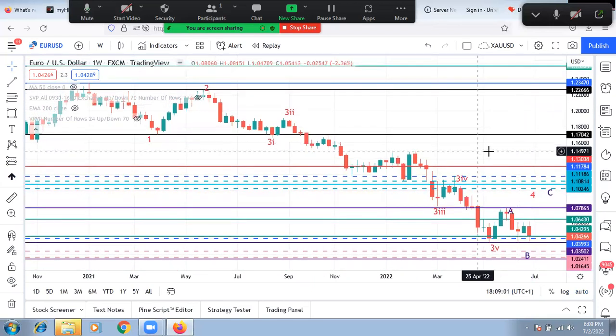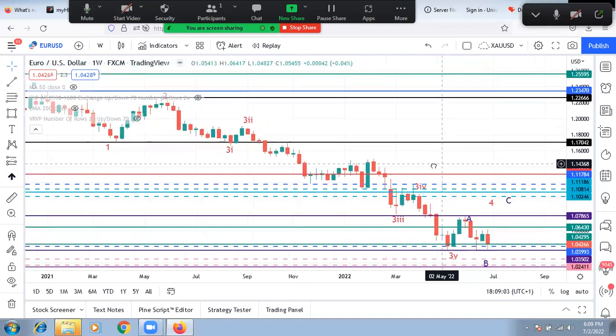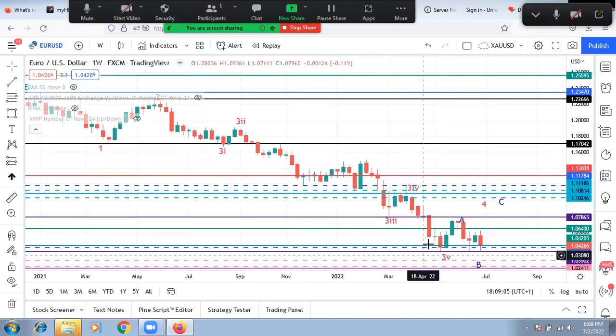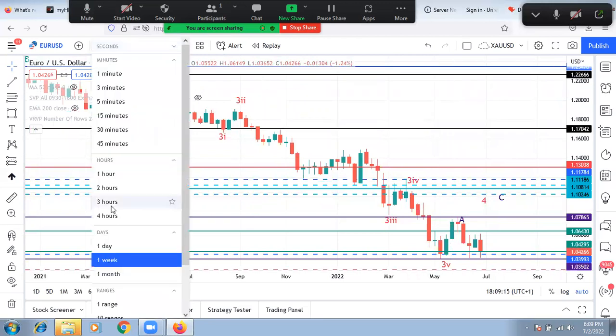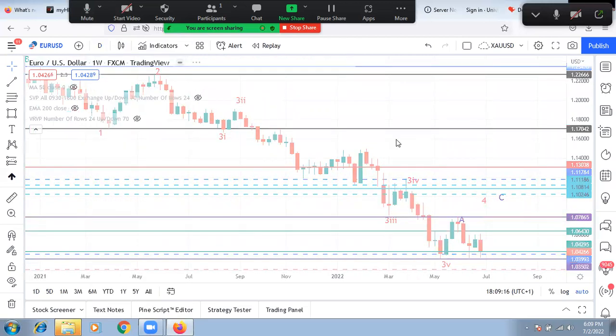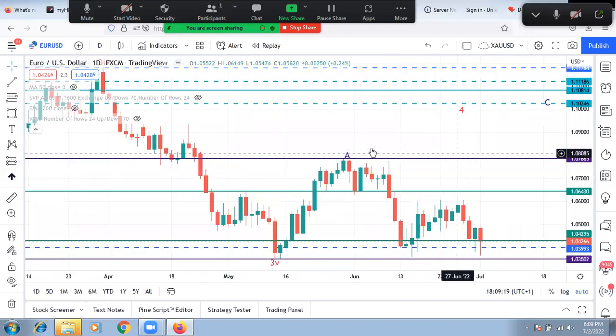What I've said here, if you look at this, for you to see very well, I may have to push to daily, because I want it to be as good as it will get. Yes. Now, so this is 3. The last, this is 3.5, and this is A, and we said we expect this one to be B.